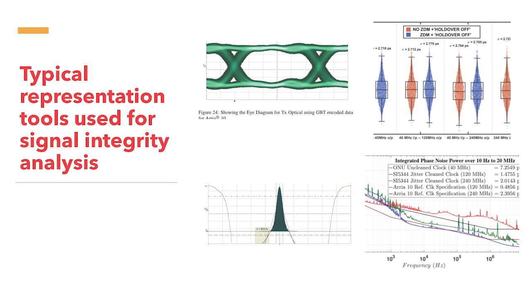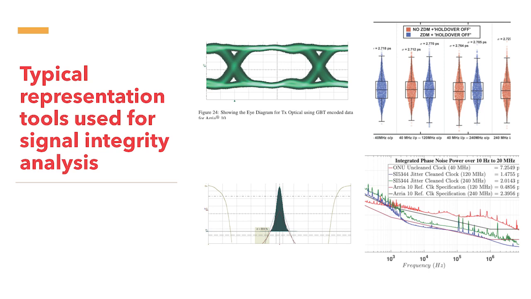Then the other two frequencies that we monitor in the Large Hadron Collider are 120 megahertz and 240 megahertz. And as you can see from this graph, when you use some kind of jitter cleaner, say for example the SI5344, that is the green graph, the jitter goes a bit lower.